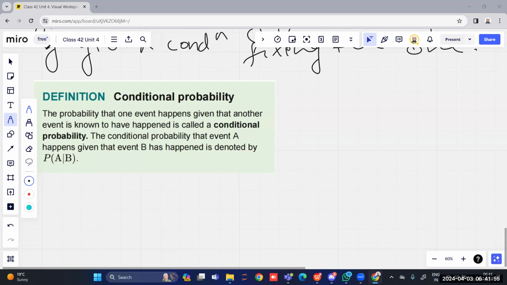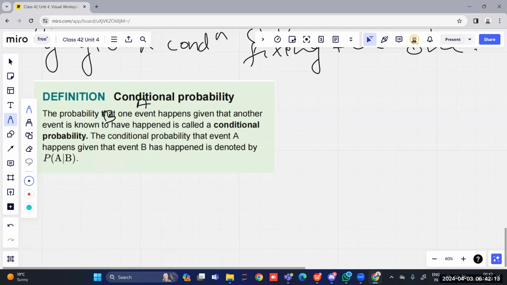Okay, so we were on conditional probabilities. It tells us the probability that one event, A, happens given that another event B is known to have happened. That is called a conditional probability.